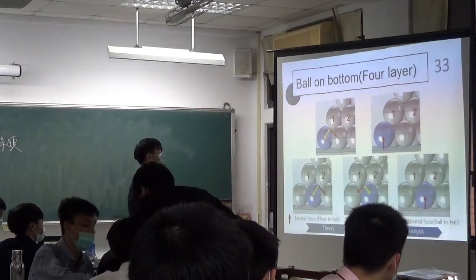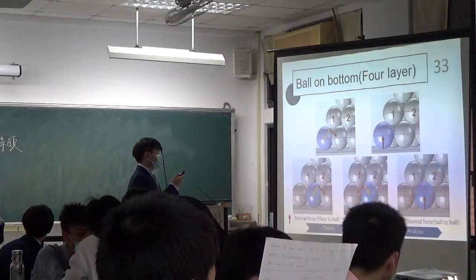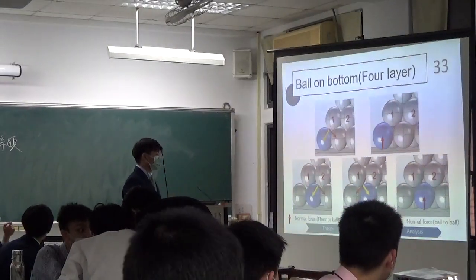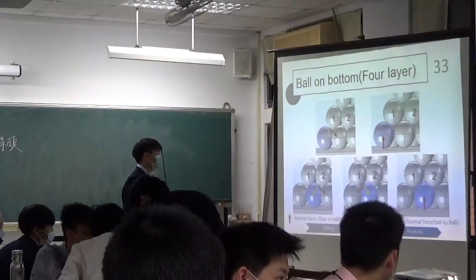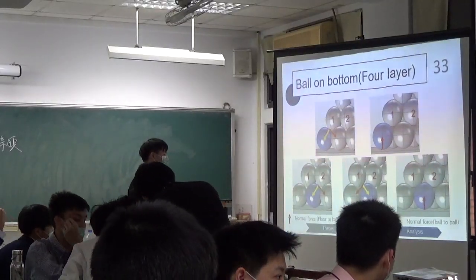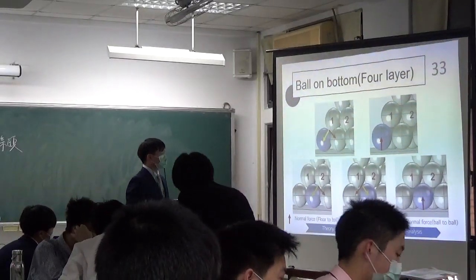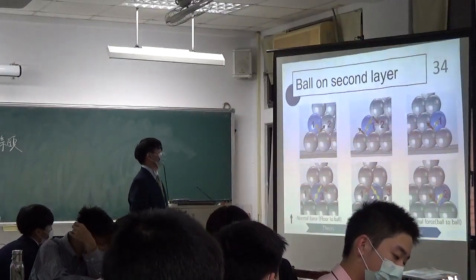And next is the ball on the bottom, and here is the ball layer. Also, the yellow direction is the normal force of the ball, and the orange direction is the friction. Next is the second layer.